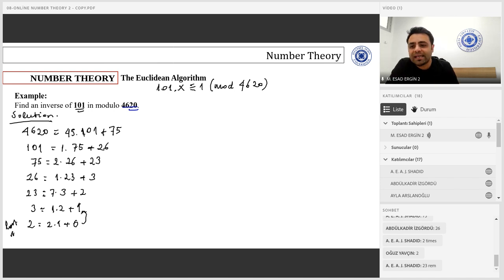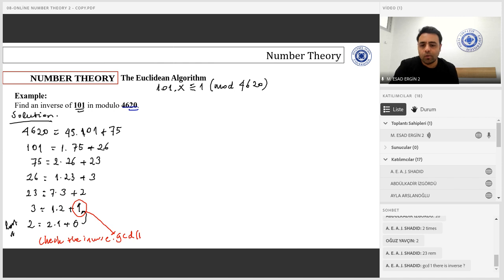So at first, let's check the inverse. So this one is equal to the GCD. If the GCD of 101 and 4,620 equals 1, so there is an inverse, we can say, right?